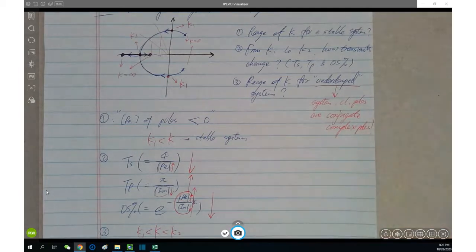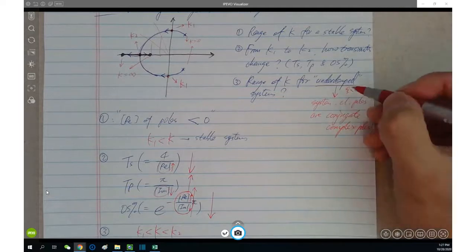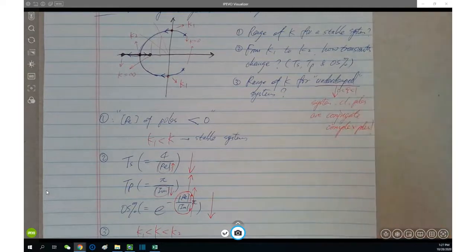This is something we learned from the time response module, where we discussed the different damping cases and the corresponding closed loop poles. Remember that? Underdamped means, first of all, the damping ratio is between 0 and 1. This is called underdamped. The corresponding poles, we have 2 complex conjugate poles.